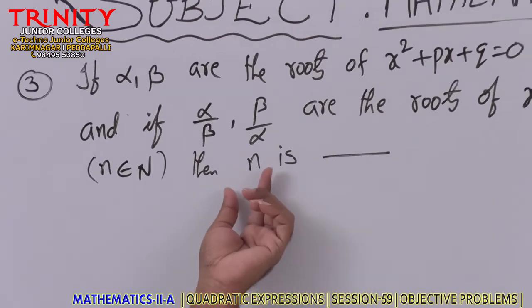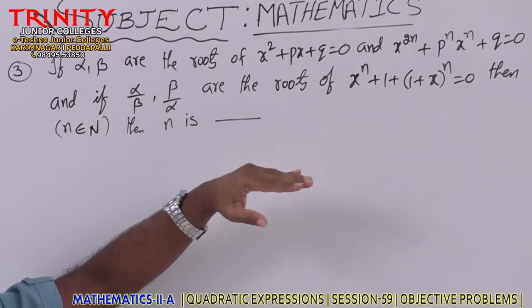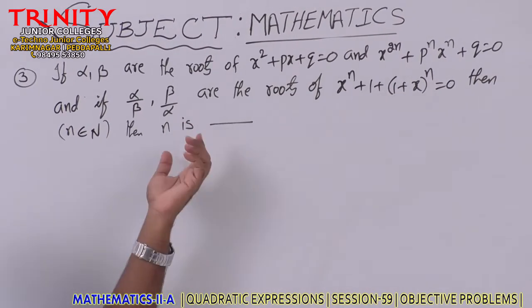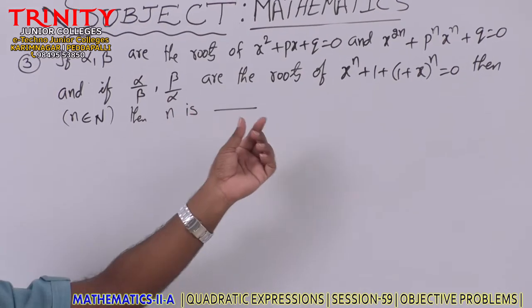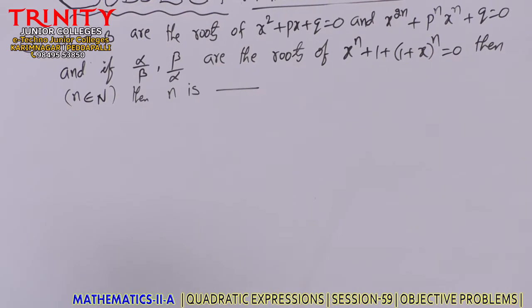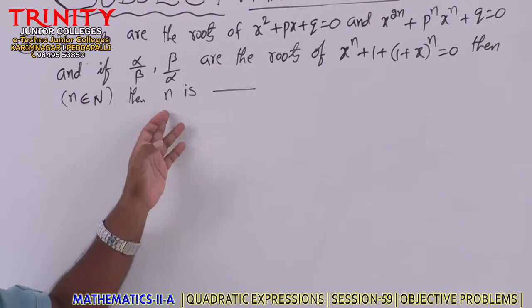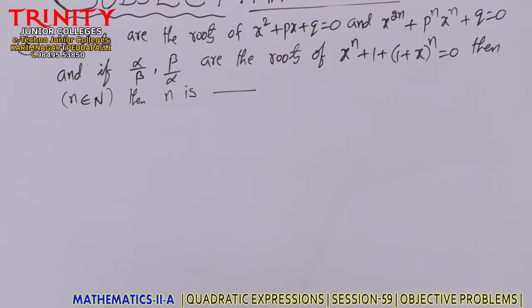What type of n do we have? This n, whether it is an odd integer, or an even number, or any natural number, or none of the values. That's what he was asking.